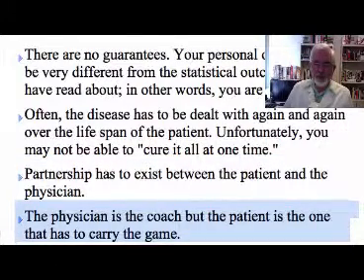Let's continue. The physician is the coach, but the patient is the one that has to carry the game. And I'm saying that because the patient has to make the decision, because we as doctors don't have the right answer every single time, and the patient has to feel that whatever decision he makes, he participates in the decision and he has to involve directly in the decision for the only reason that if the treatment will not work, the patient will not be angry and disappointed of his doctor, but if he knows that he participated in the decision, he will say, "Okay, I tried this way, it didn't work, let me try something else."